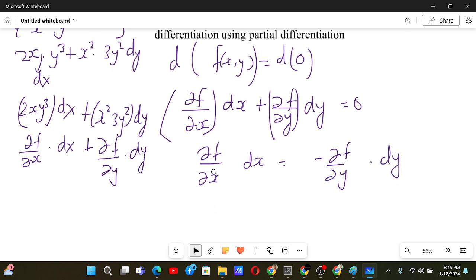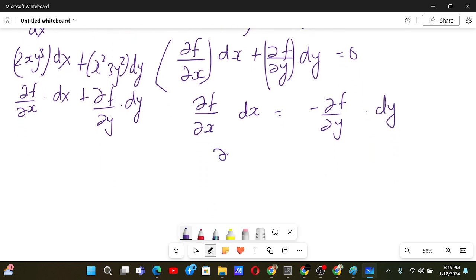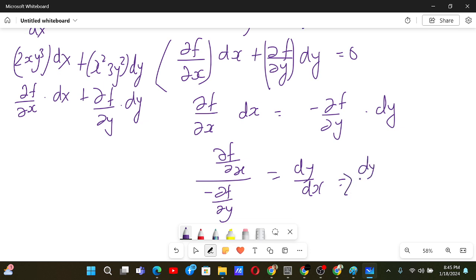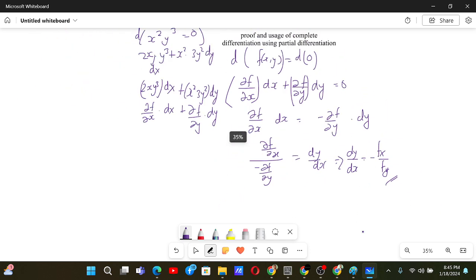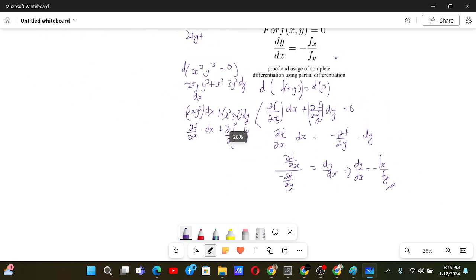Now we are already at the end of the proof. So df by dx over minus df by dy will be dy by dx. That's why dy by dx equals negative of partial derivative with respect to x by partial derivative with respect to y. This was the statement.